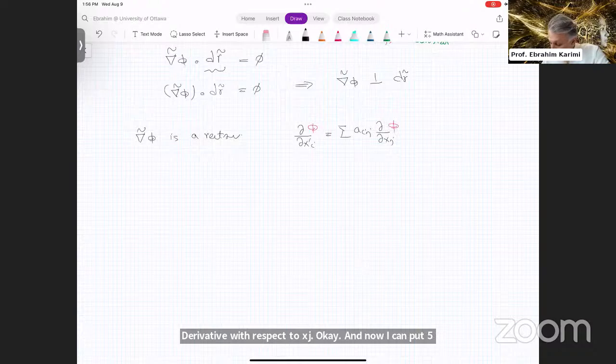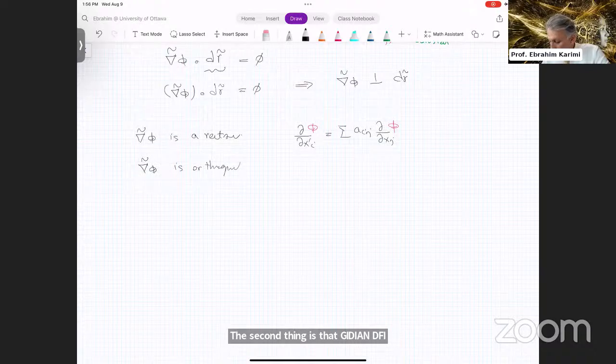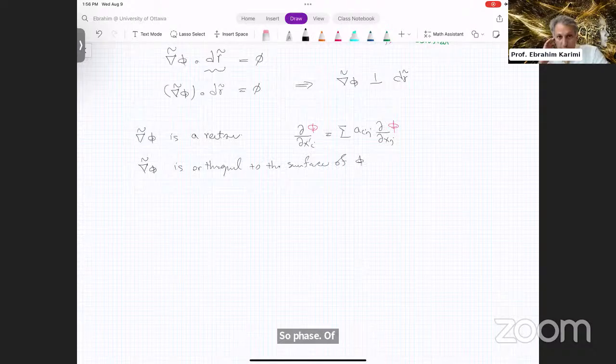The second thing is that the gradient of phi is orthogonal to the surface of phi, which is a lovely one. And it also gives the shortest value.